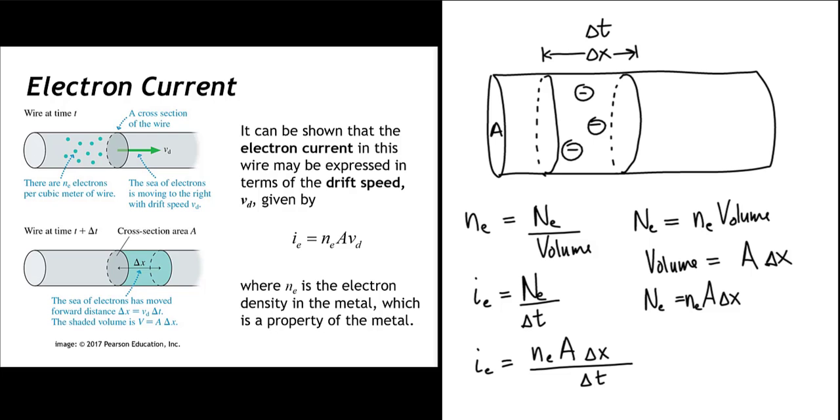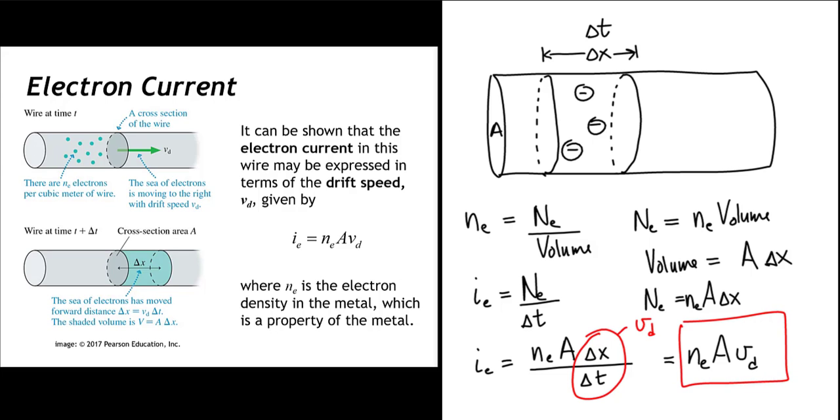Notice that the displacement over the time interval is what we defined as our drift speed. So this means that the electron current can be expressed as the density of charge carriers in our material times the cross-sectional area through which those charge carriers move times the drift speed.